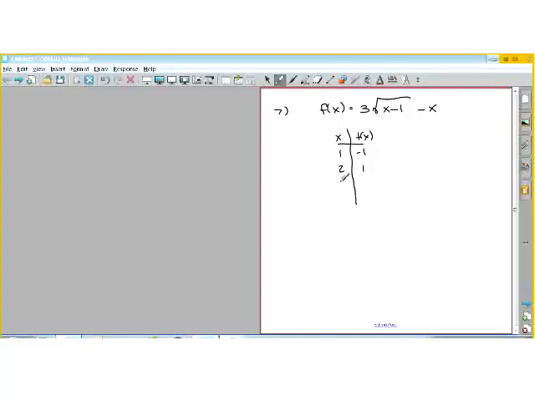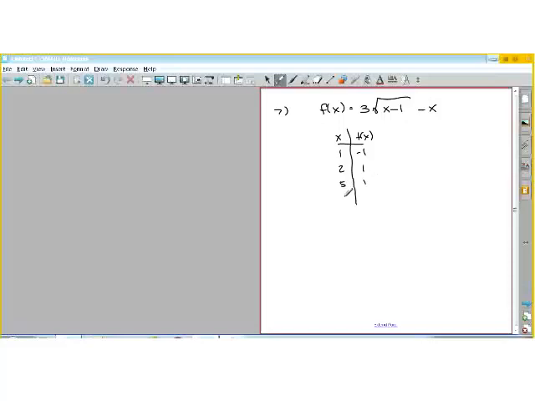It might loop back down again. Let's try an easy one, 5, because then they'll give us a perfect square. 5 minus 1 is 4. Square root of 4 is 2. 3 times 2 is 6. 6 minus 5 is 1.